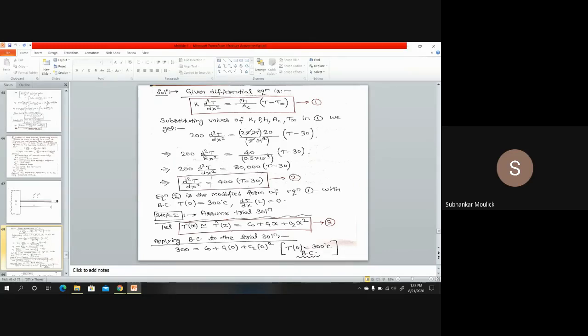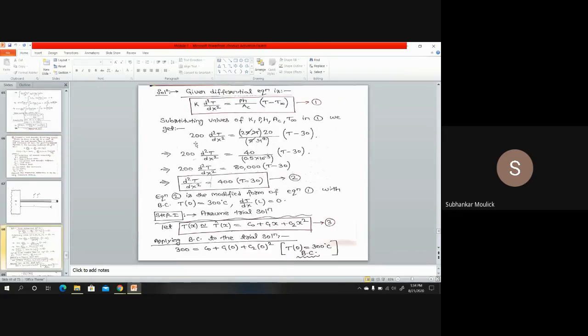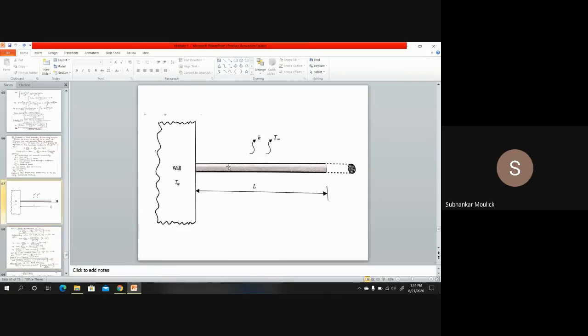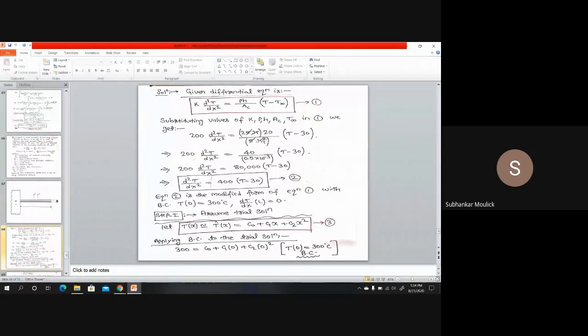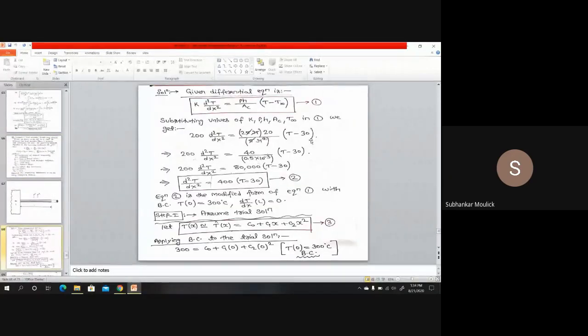What is K? K is given in the problem as 200 watt per meter per degree centigrade. Substitute. So 200 d2T over dx square is equal to P. P is the perimeter of the fin cross section. Since the cross section of the fin is circular, the perimeter will be the circumference, 2 pi r, into h. h is the convective heat transfer coefficient given as 20 watt per meter square degree centigrade, so into 20 divided by Ac.